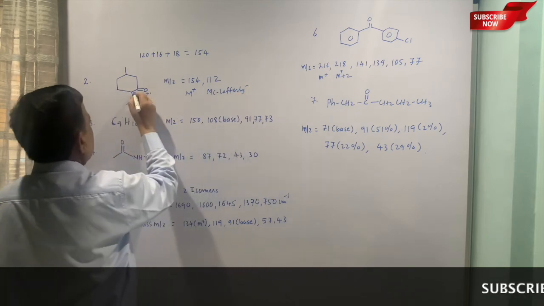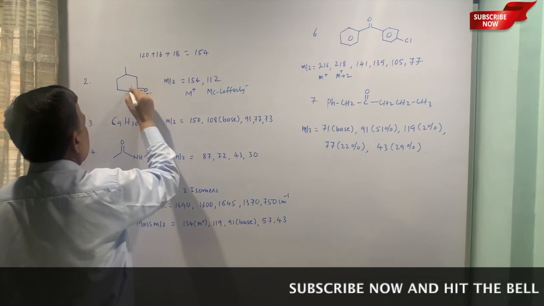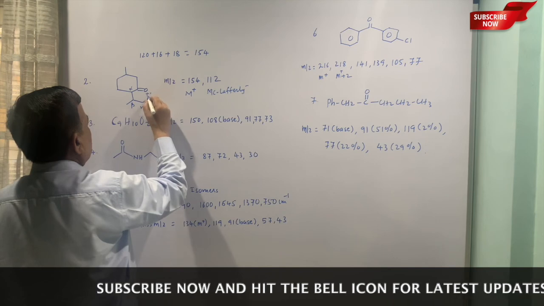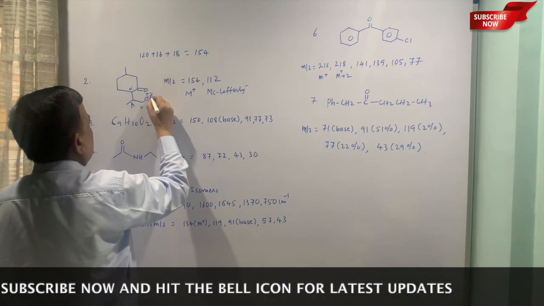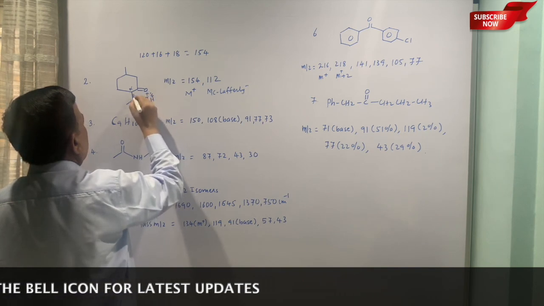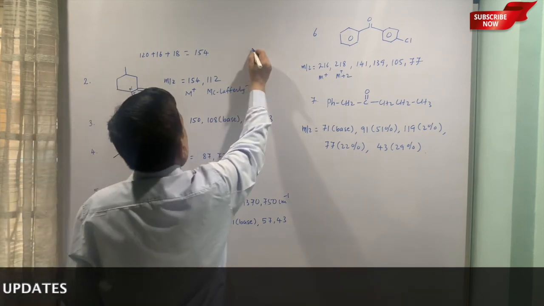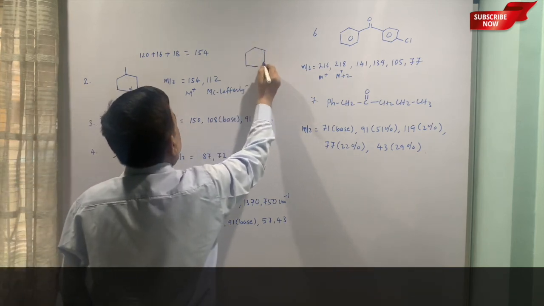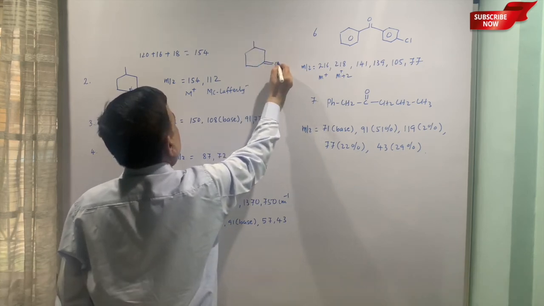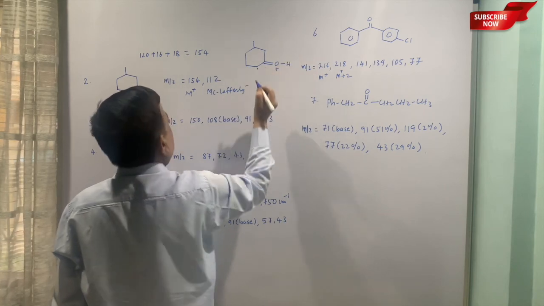Now McLafferty alpha, beta, gamma hydrogen. Now gamma hydrogen abstraction, I will just show it by this. So as a consequence of this, what you will have, let us put it as OH plus and radical here.